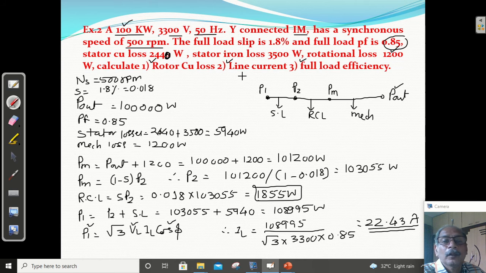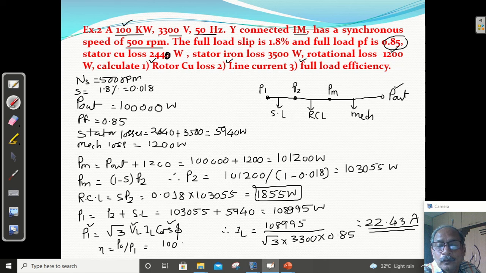We've got the copper loss. Now full load efficiency, if you want to calculate, efficiency equal to P out upon P1. What is the P out? P out is this 100 kilowatt.